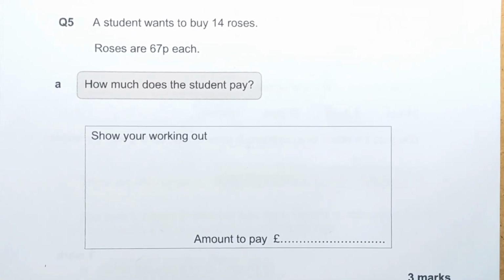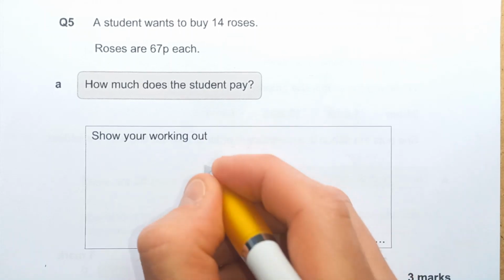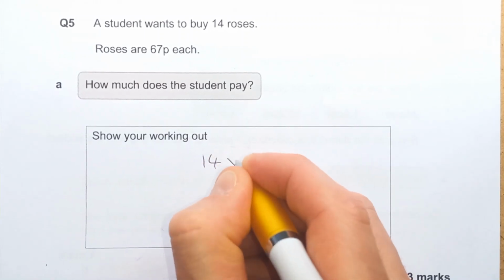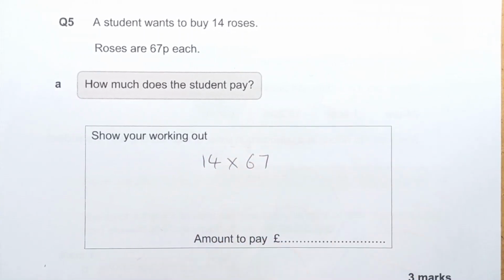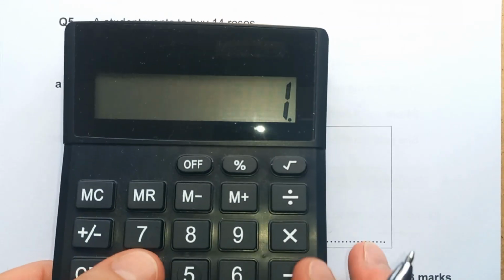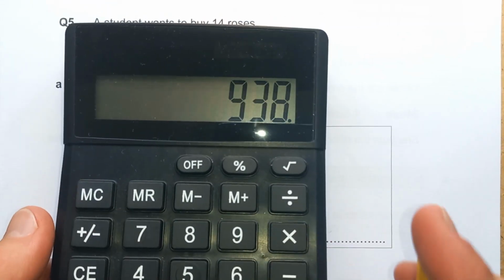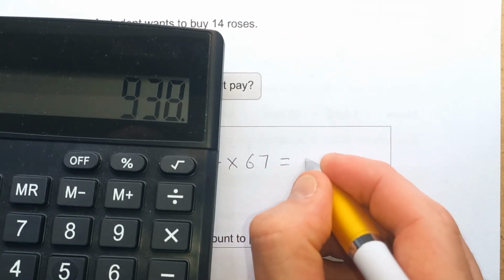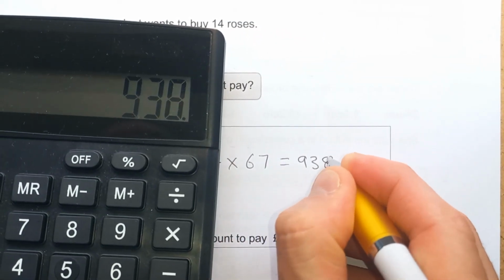Question 5. A student wants to buy 14 roses. Roses are 67p each. How much does the student pay? Well, it's going to be 14 times 67. So 14 times 67, and that gives us 938.